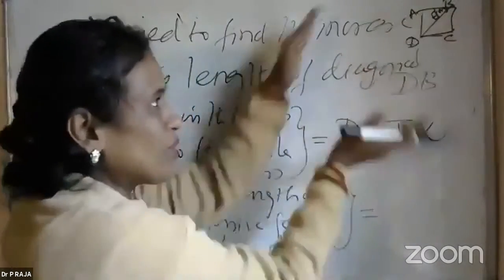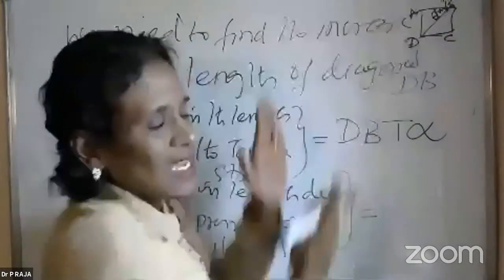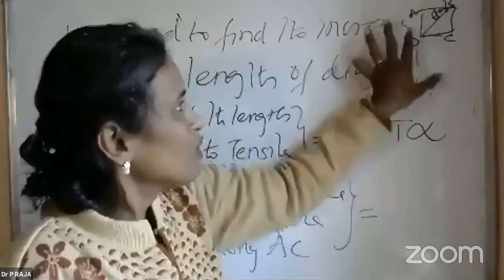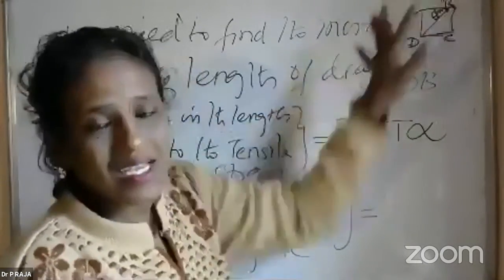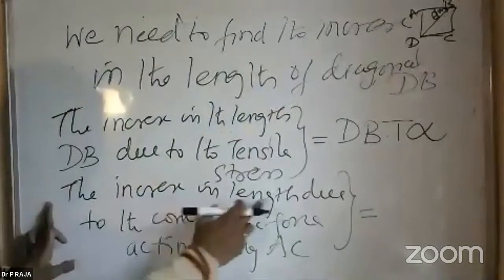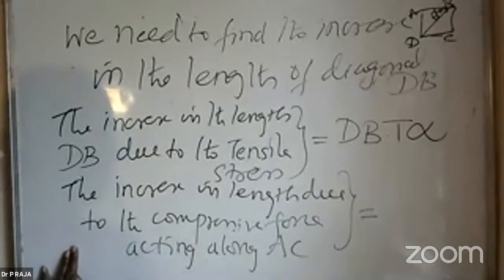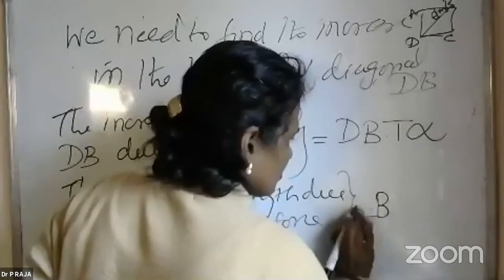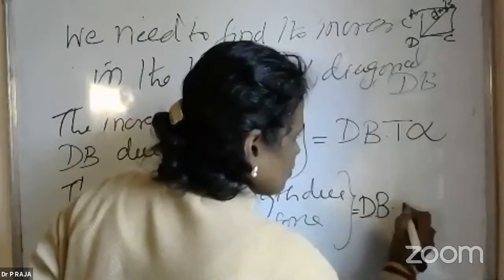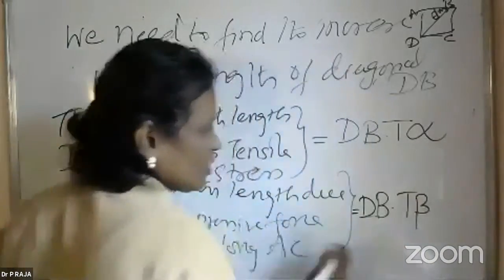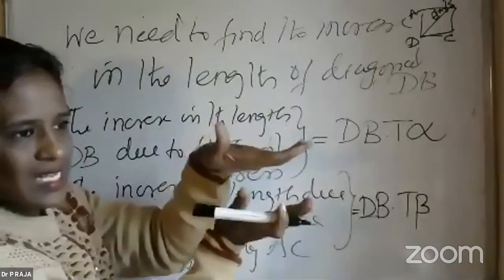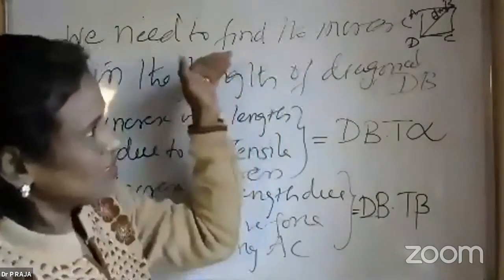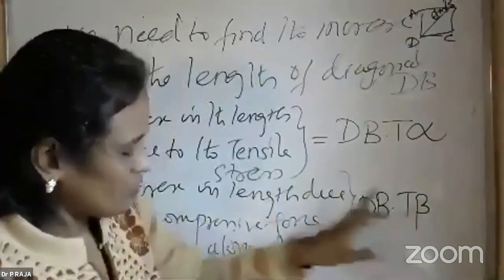But that compression will also result in the adding up of the elongation. AC side is compressing, but again it will enhance that elongation. Therefore, I've written the increase in the length due to the compressive force acting along AC will be equal to dB into T into beta. There is a decrease in the diameter, but that is increasing the length of the diagonal. So that factor is this one.